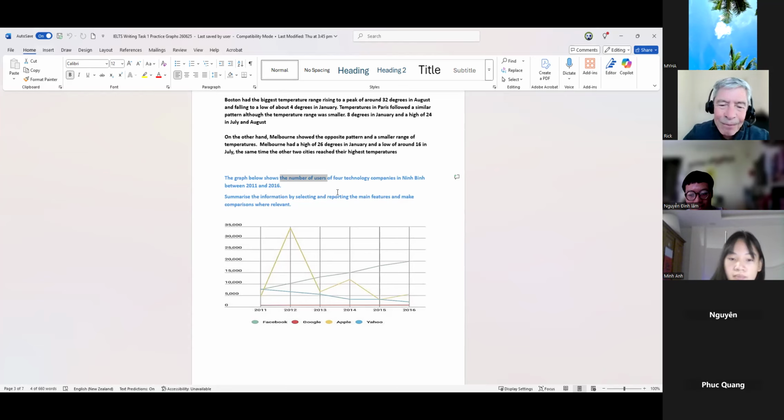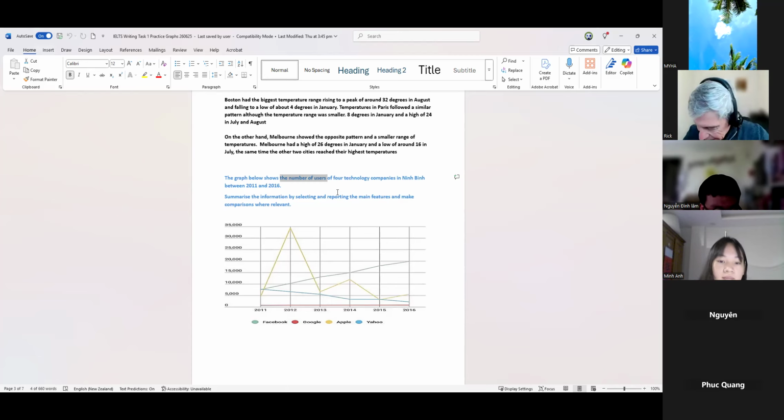Okay. Ding Lam, what could we do next? The graph below illustrates how many people in Ninh Binh. What could our next word be? Begins with U. Sorry, Ding Lam, what is the word? The graph below illustrates how many people in Ninh Binh.